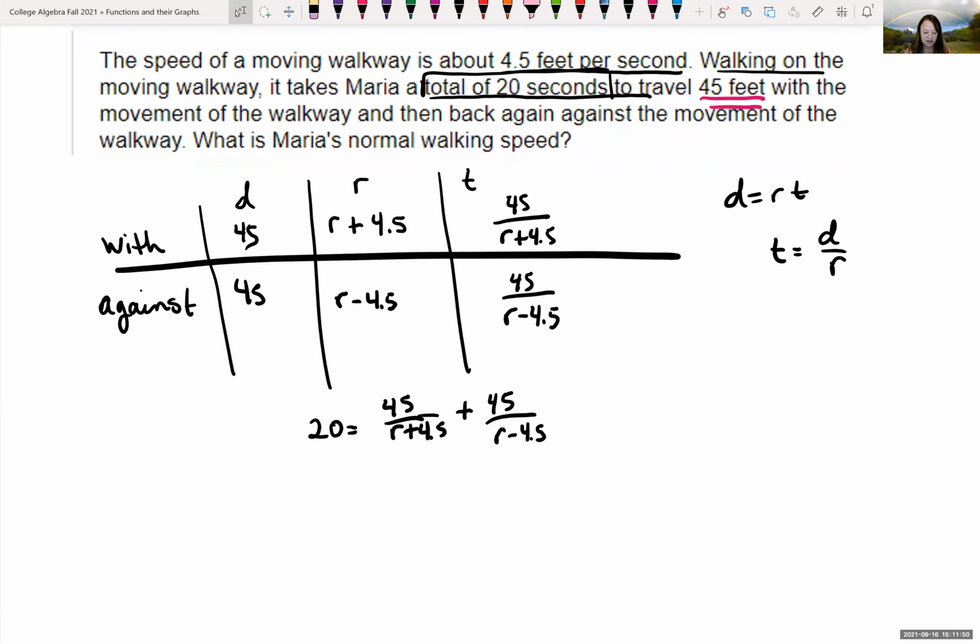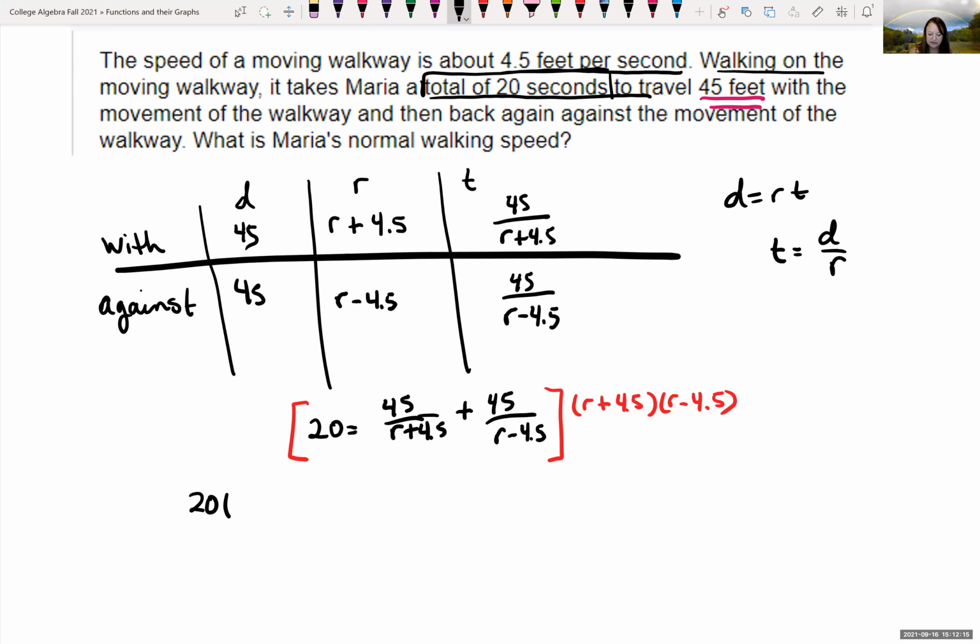And so we want to clear our fractions, and we can do that by multiplying both sides by our LCD. And our LCD in this case is R plus 4.5 all times R minus 4.5. So I get this 20 all times, because nothing's going to cancel when I multiply it on the left-hand side.